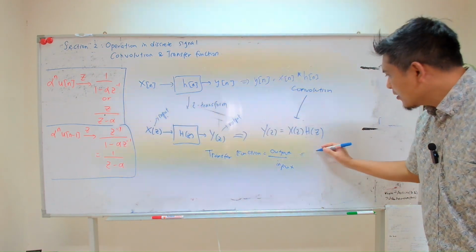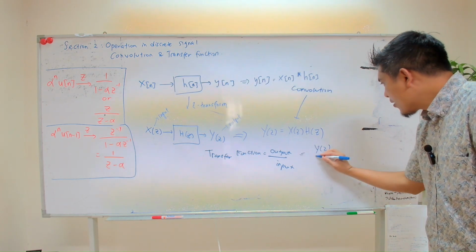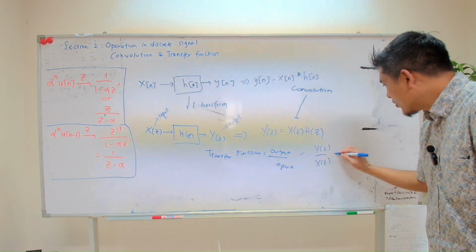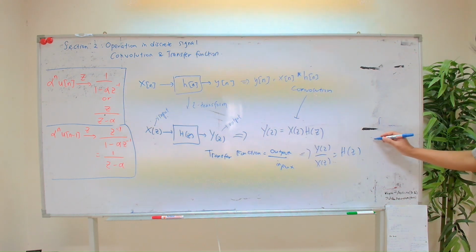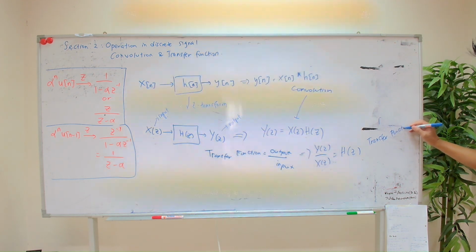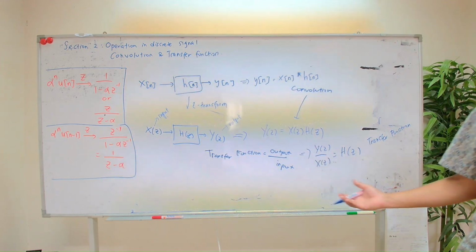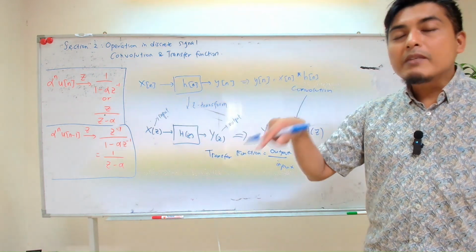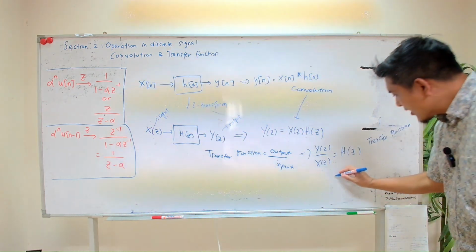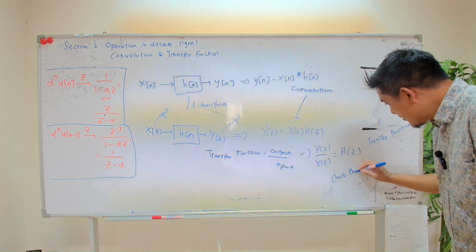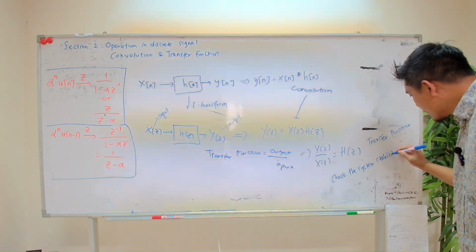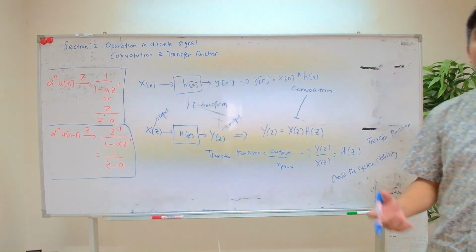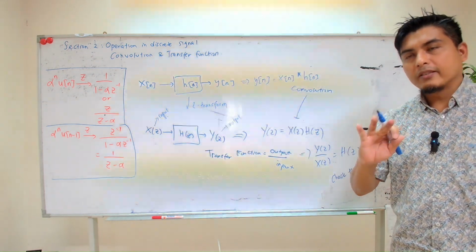In this case, it will be Y(z) divided by X(z), and you get H(z). So this is the transfer function. What is the benefit of the transfer function? You can check the system stability. This I will discuss in section number 3.